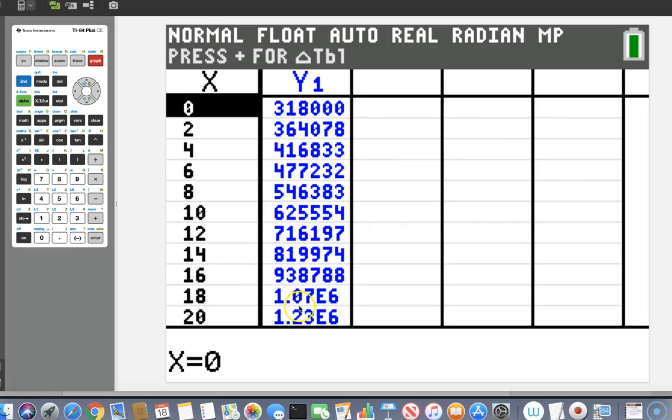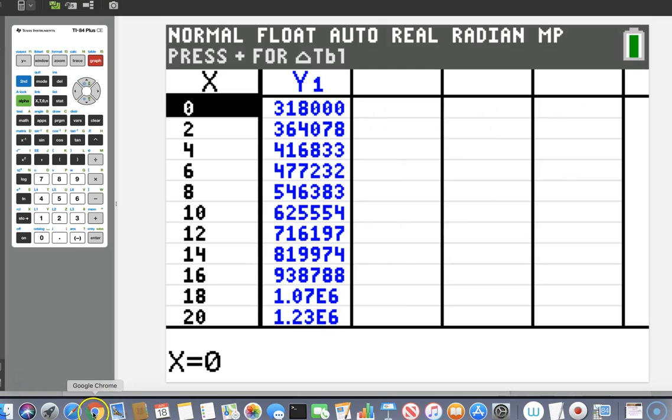So technically this value here is 1,070,000. And this next value would be 1,230,000. So these values here are what we could use to help plot out our graph. And you'll notice that while we have to go from 0 to 20, I've gone by 2's here to help with actually plotting out our graph.